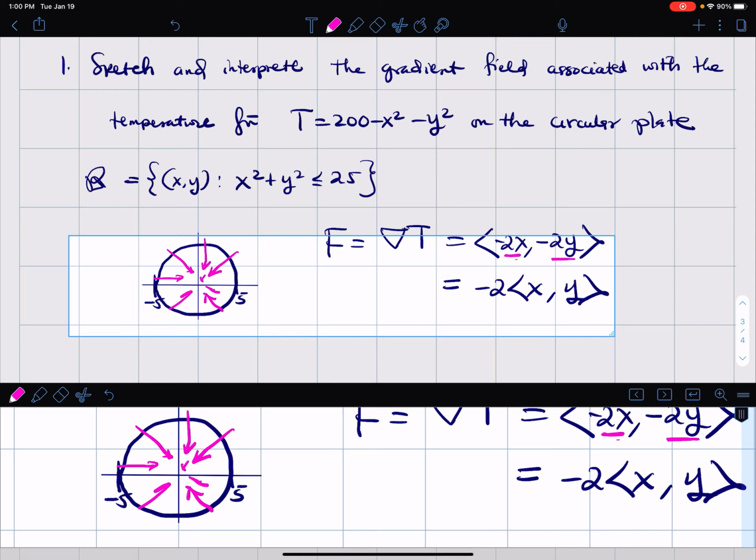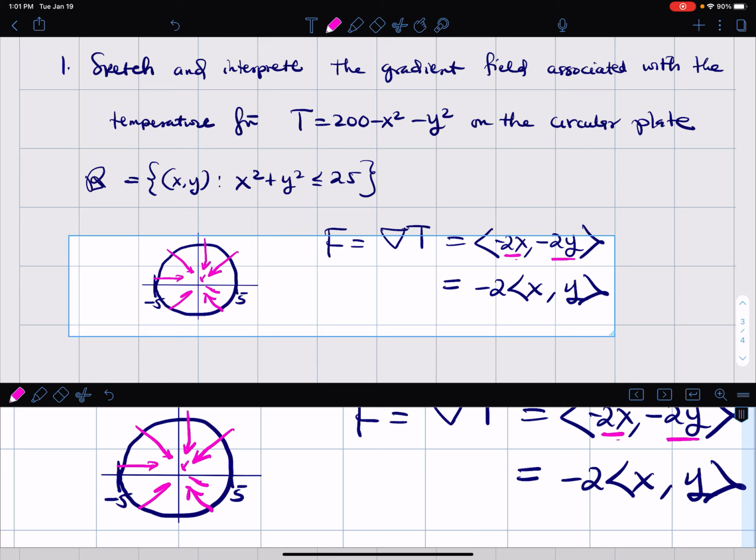Okay. So remember that the gradient vector tells us the direction of greatest ascent. As we can see, the vector field shows that the diffusion of heat is inward. So that's what this is telling us, okay?